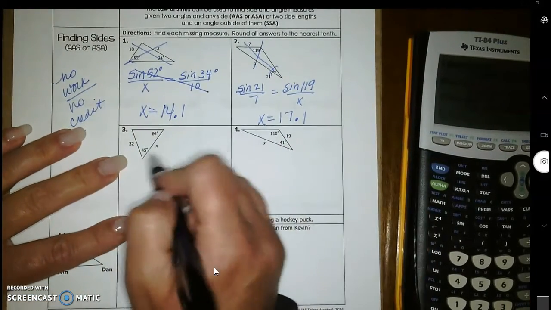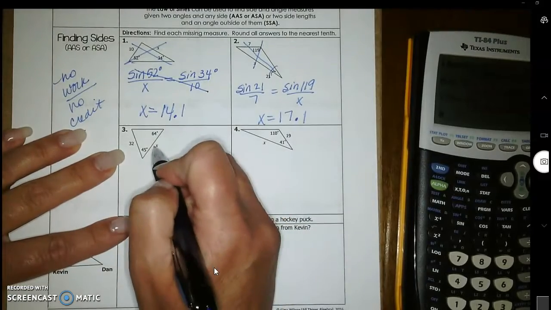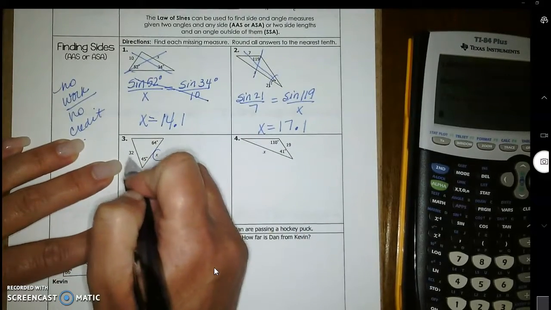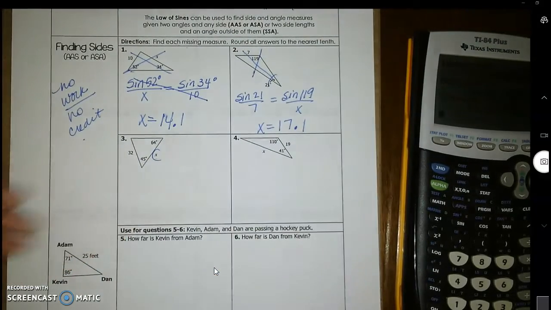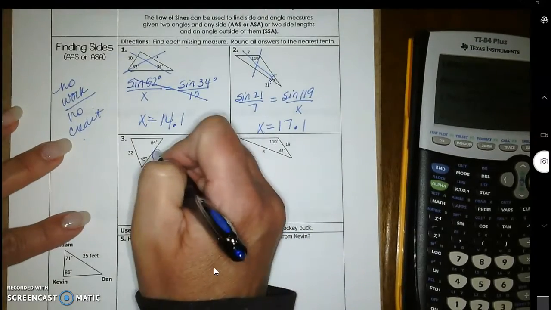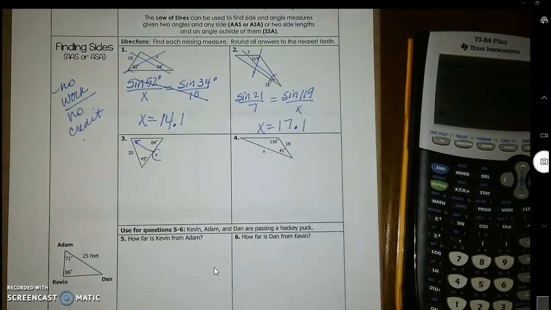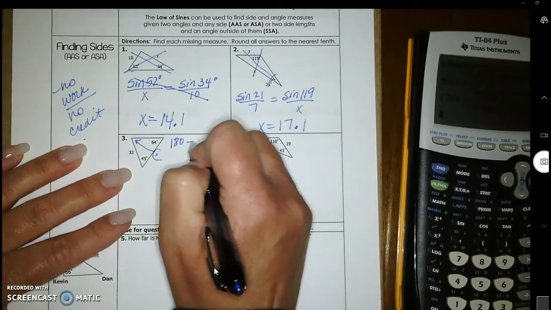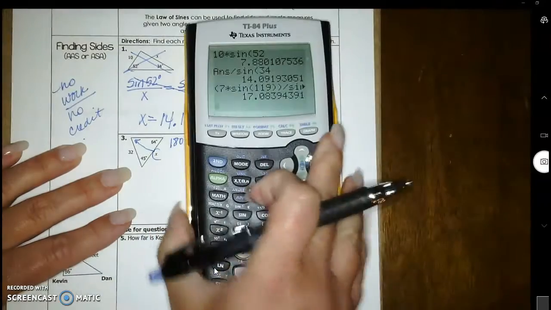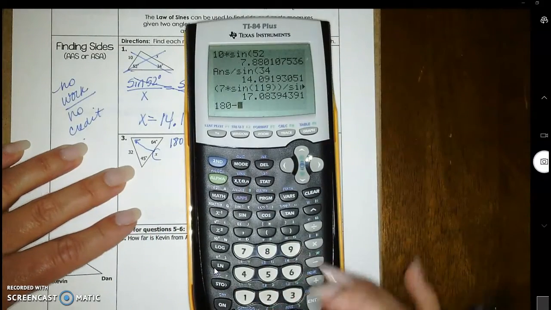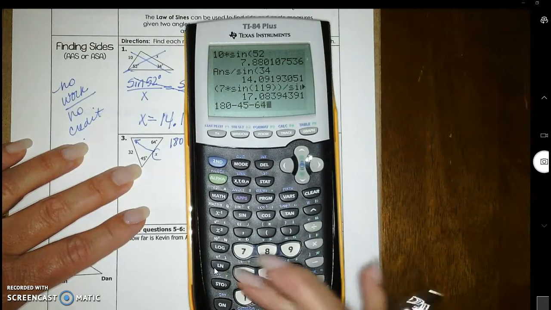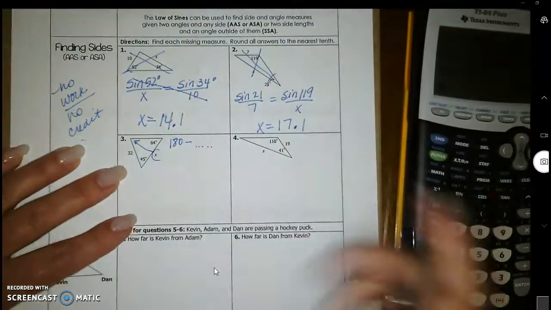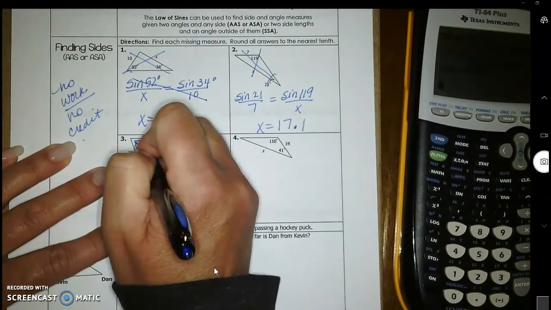All right, this one, it looks like I need to find x. Well, wait a minute. I need an angle that is across from it, and I don't have that angle, so I've got to go get it. So I'm going to do 180 minus 45 minus 64, and I get an angle of 71 degrees.